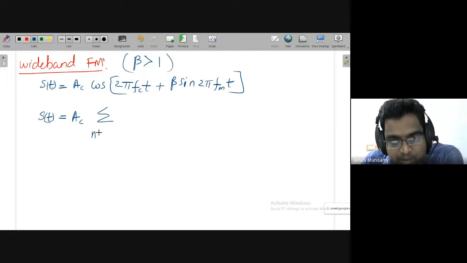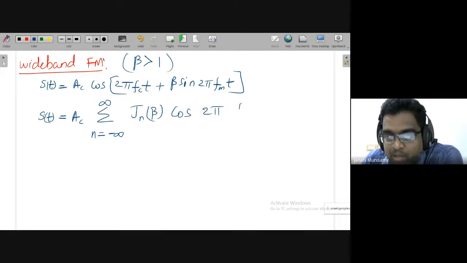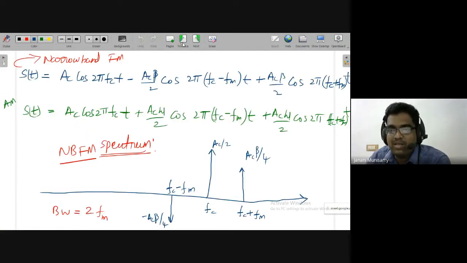S of t is equal to AC summation n minus infinity to plus infinity Jn of beta cos 2 pi (fc plus or minus n fm) t. So if beta is large, we cannot do any approximation like this.